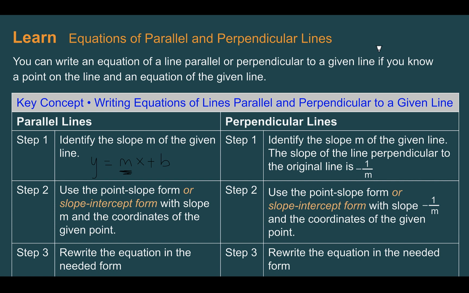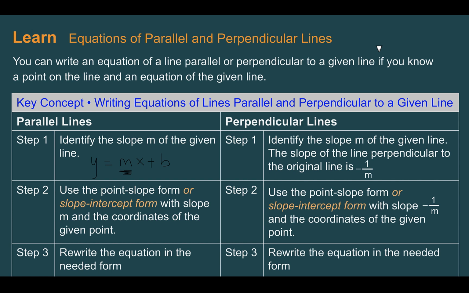Identify that first. Then, step 2, we're going to use slope-intercept form again with that slope that we just had and a point that's on the line. You can also use what's called point-slope form, but I'm not going to go through that here. We're going to take the slope and the coordinate, plug them into slope-intercept form, and solve for the y-intercept.